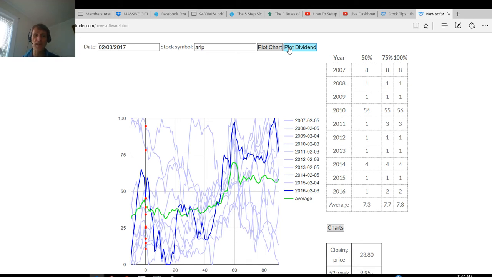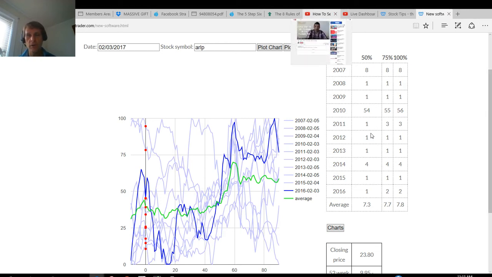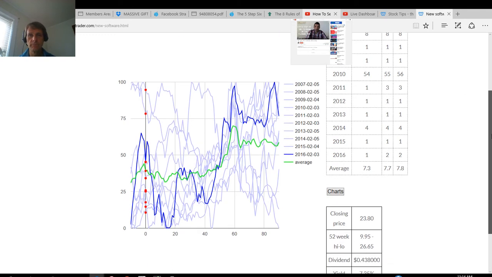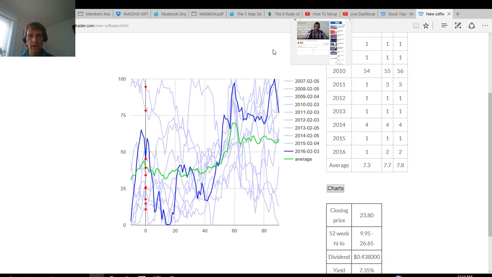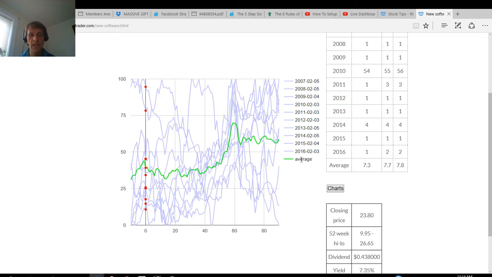It puts one year on top of the other, top of the other, and allows you to see how it reacts directly related to the dividend date. This is the same thing you saw a little while ago. The first thing I want to do is click on average, because that gives me the average of what it's done over the last 10 years.